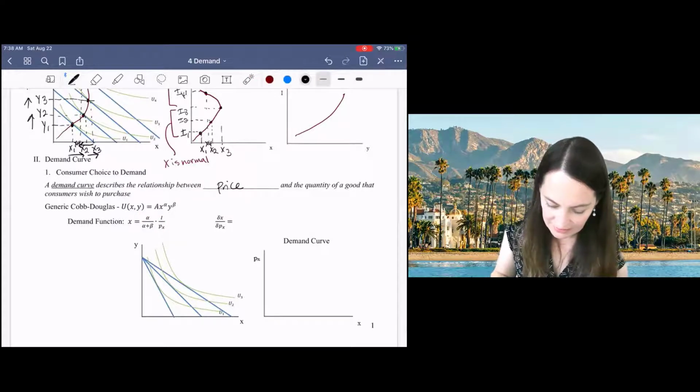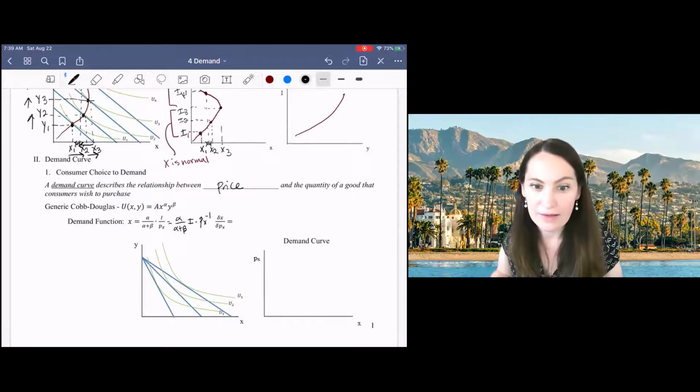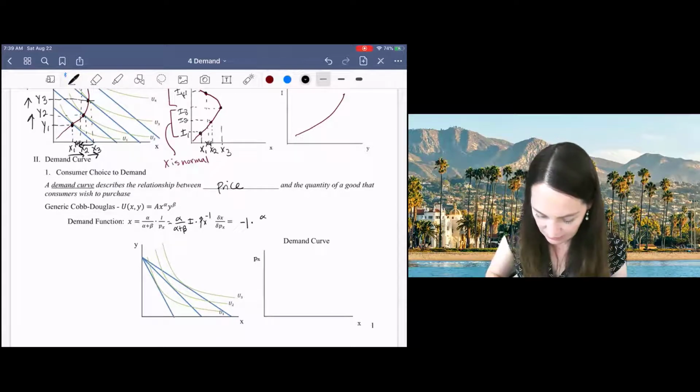You see it's in the denominator, so I could rewrite this as alpha over alpha plus beta times I times px to the -1. So when I take the derivative, what I get is -1 times all these things that I'm holding constant.